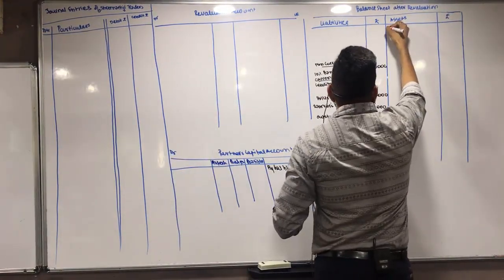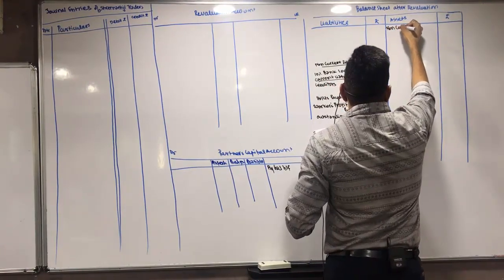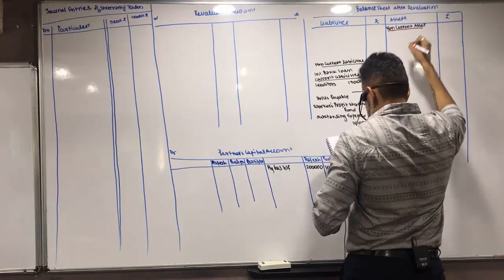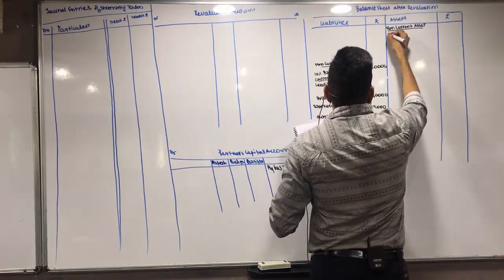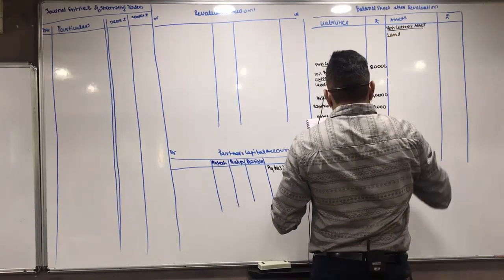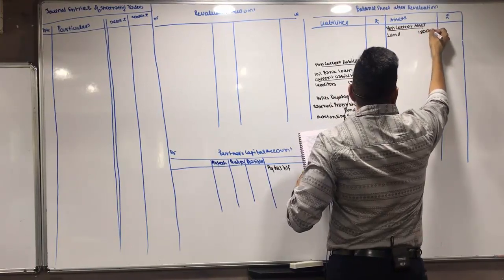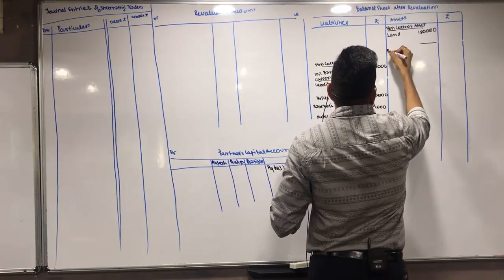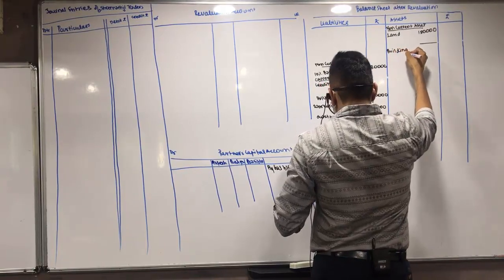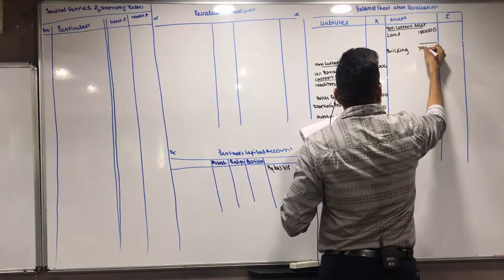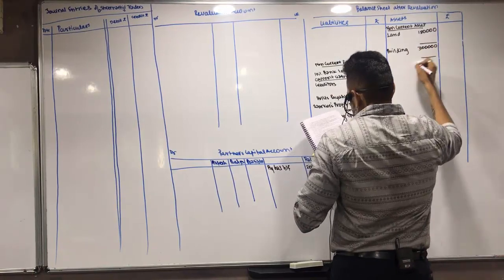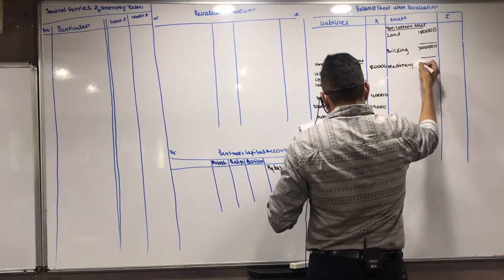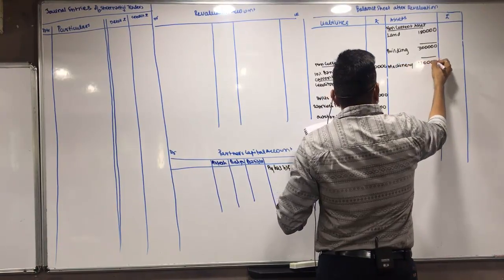Non-current asset. Land 1,80,000 inner column. Building, also adjustment, 3 lakh. Machinery 1,20,000.